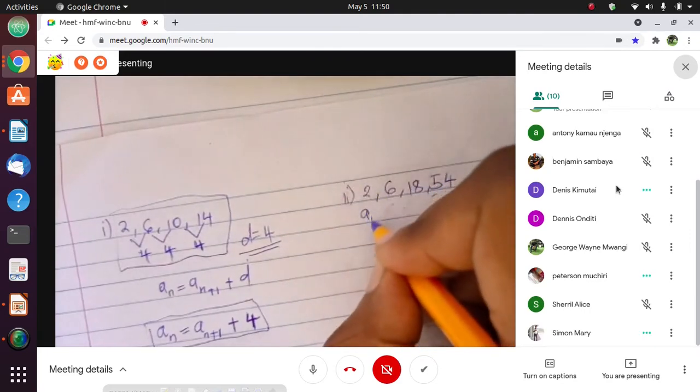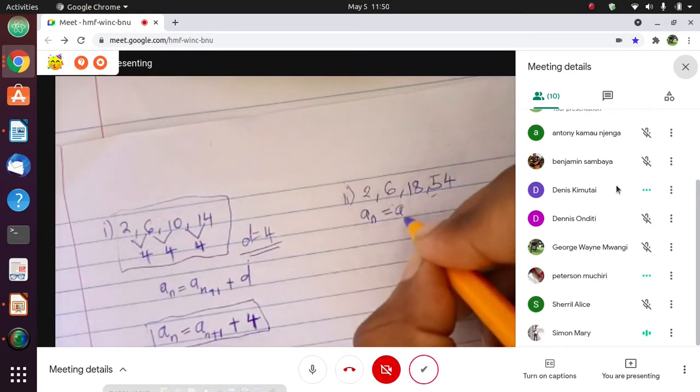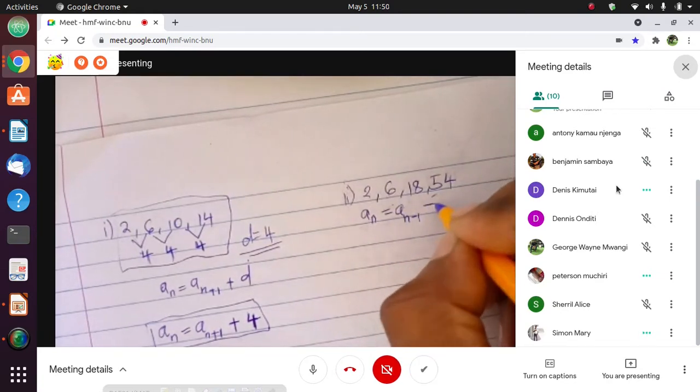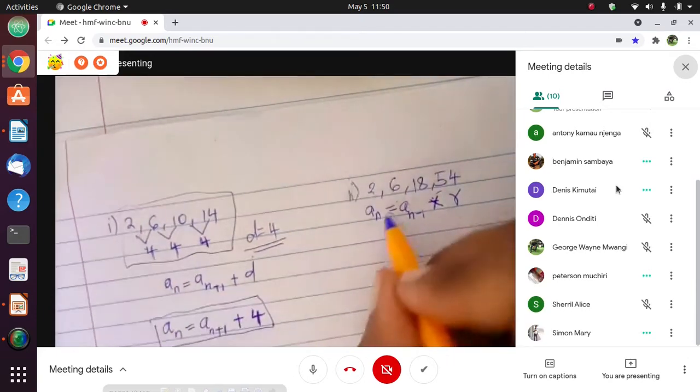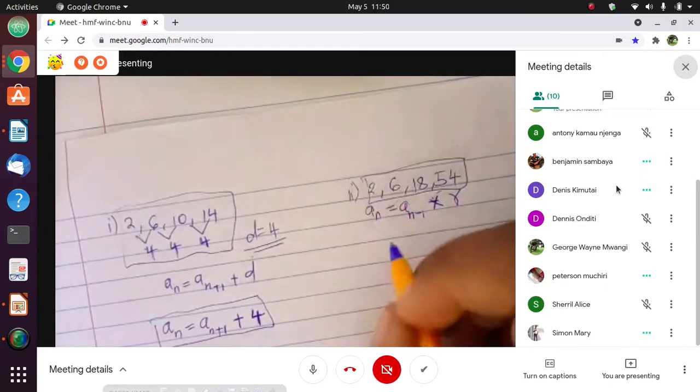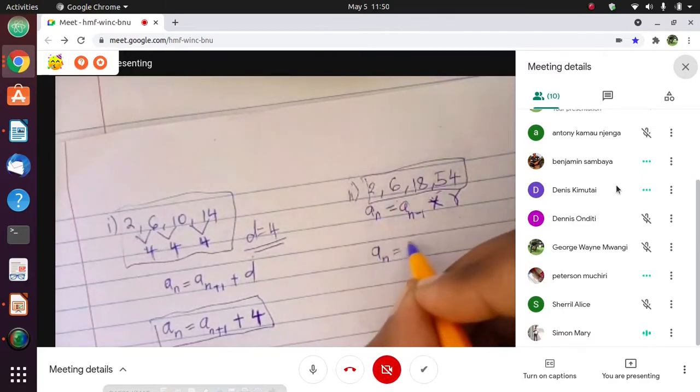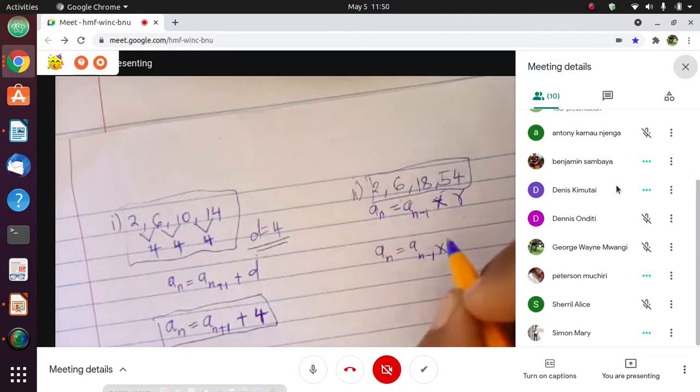Remember that the general equation of a recursive geometric sequence is given by an is equal to an minus 1 times r. So the general equation of this specific geometric sequence will be an is equal to an minus 1 times 3. Are we together?